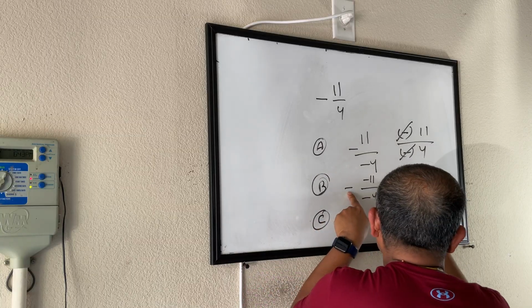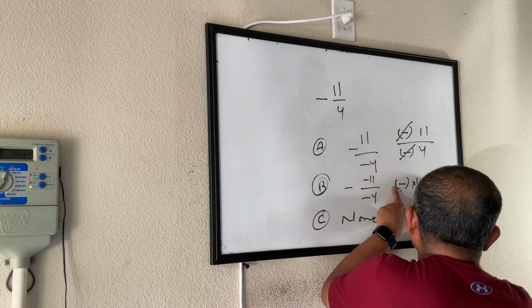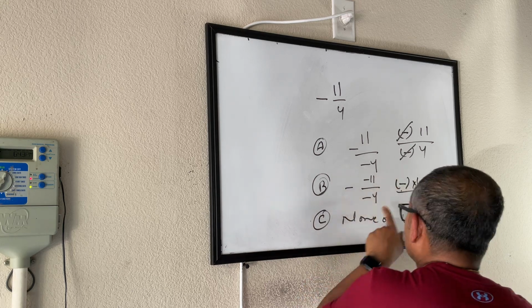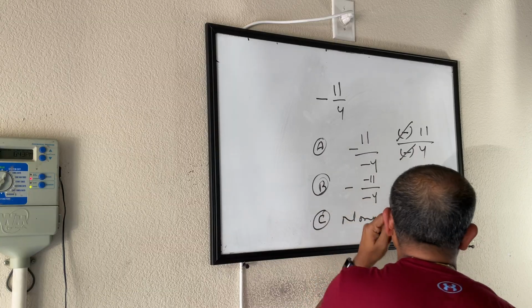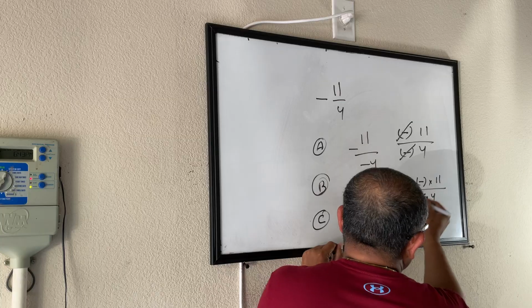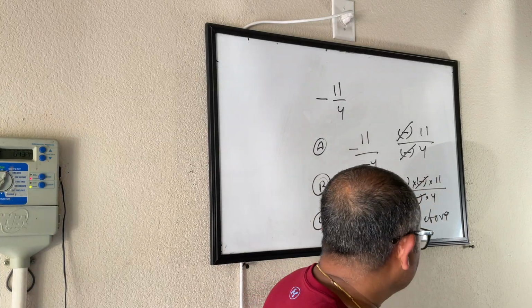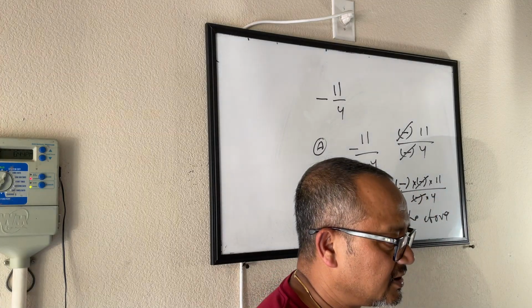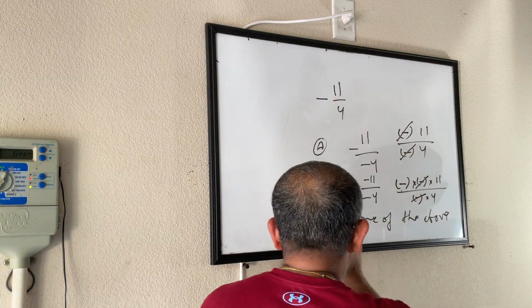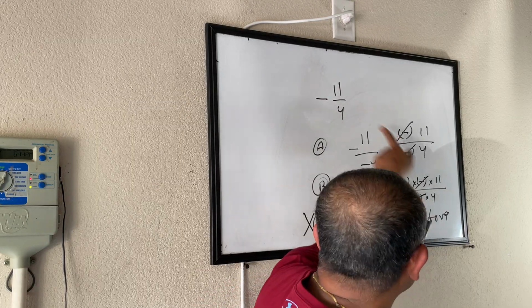This minus I am putting into 11 divided by this minus into 4. One minus and one minus above and below, we can do tic-tac-toe. What are we left with? Minus 11 by 4. This is the right answer because this is matching with this.